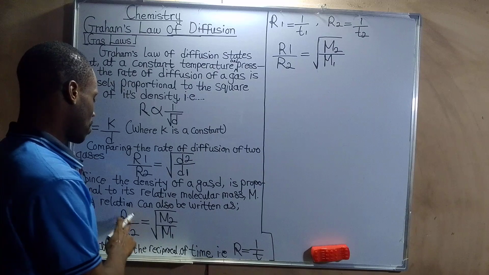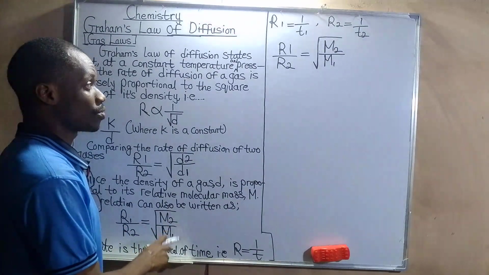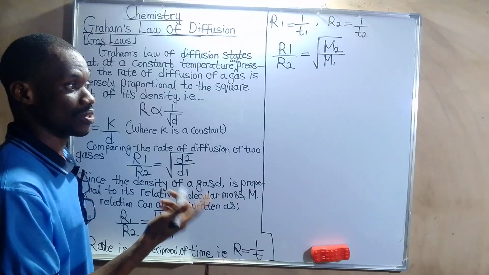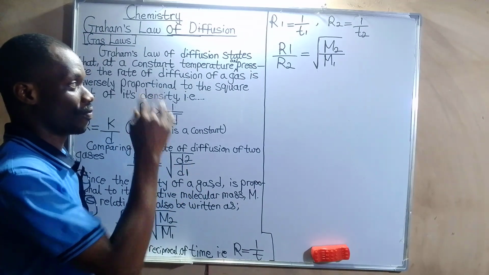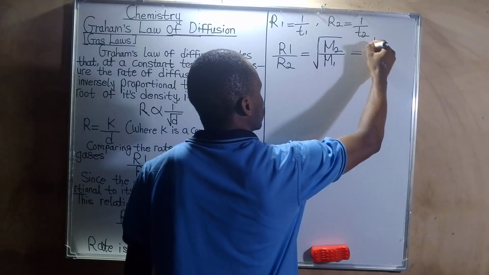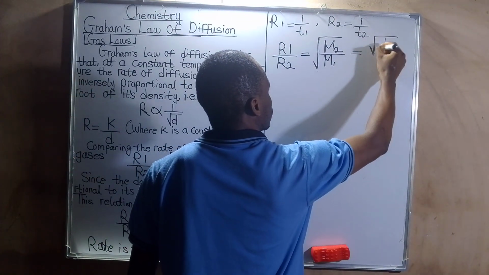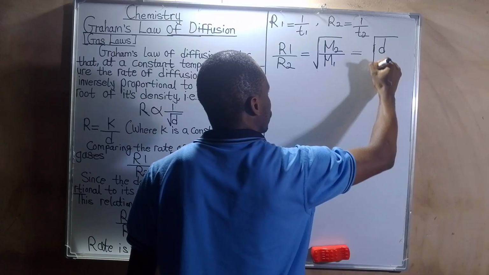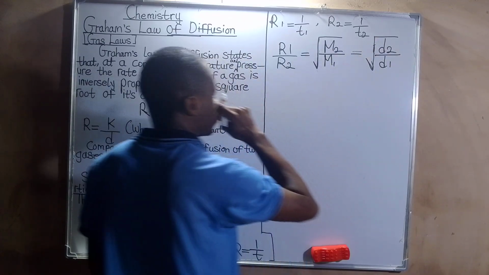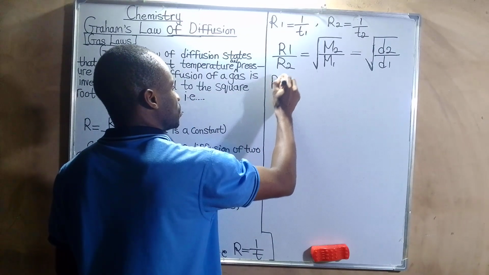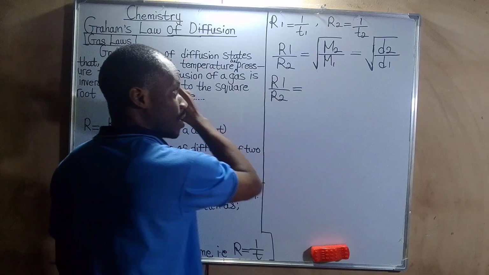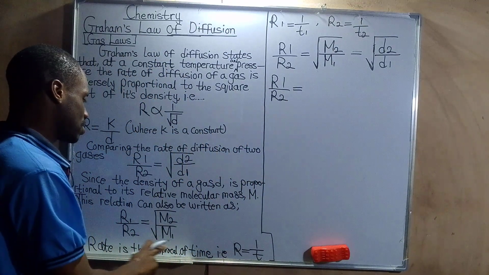Likewise, you still have R1 over R2 is equal to the diffusion of the two gases, that is, all in square root D2 all over D1. Now we said that rate is the reciprocal of time.